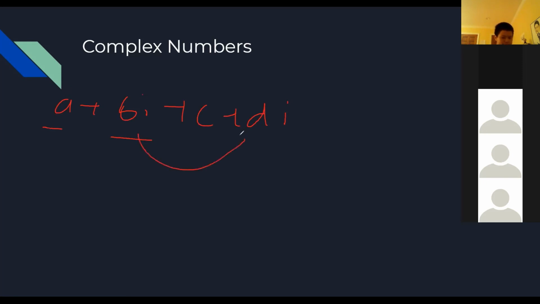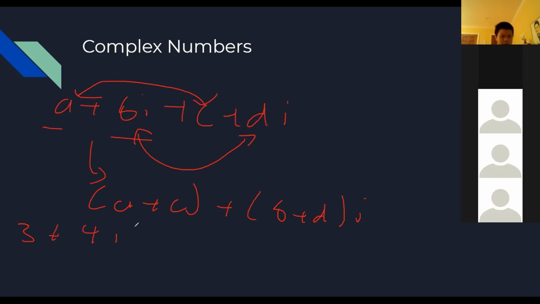But what we can do is add imaginary numbers with imaginary numbers and real numbers with real numbers. So this would turn out to be a plus c plus (b plus d)i. So if we had 3 plus 4i plus 4 plus 5i, this would add up to 7 plus 9i.